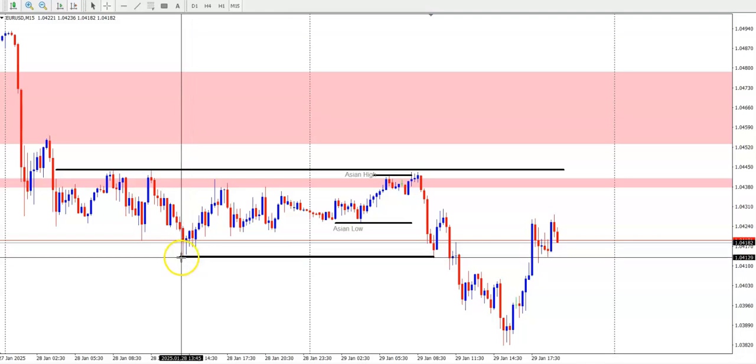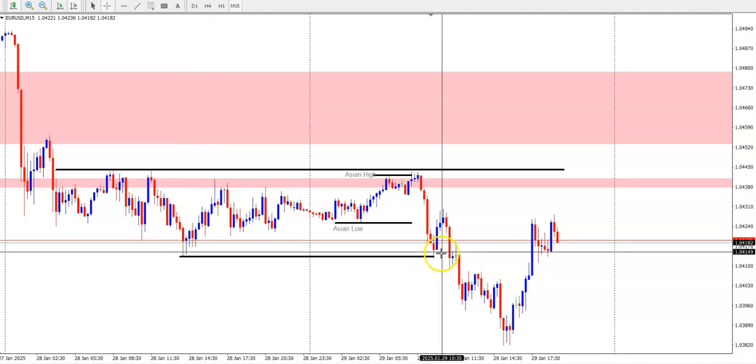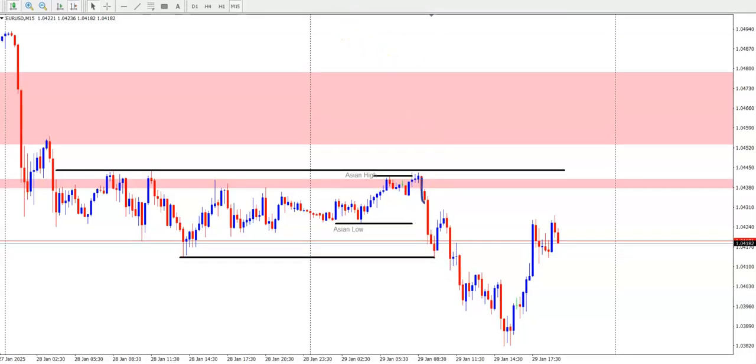This liquidity, the higher time frame's 4 hourly sell side liquidity, was taken, and therefore I was not interested to trade this pair. I wanted to see a retracement prior to price taking that higher time frame sell side liquidity. So in this case, we were not taking that trade.